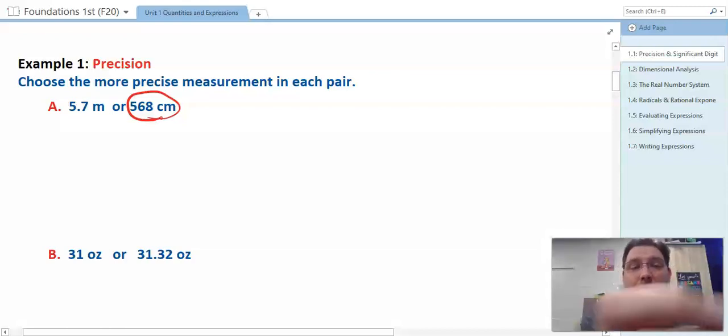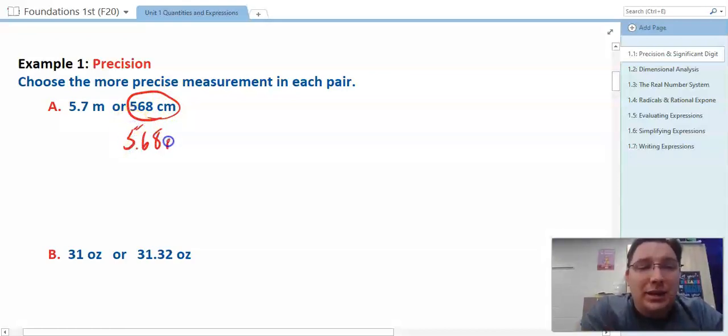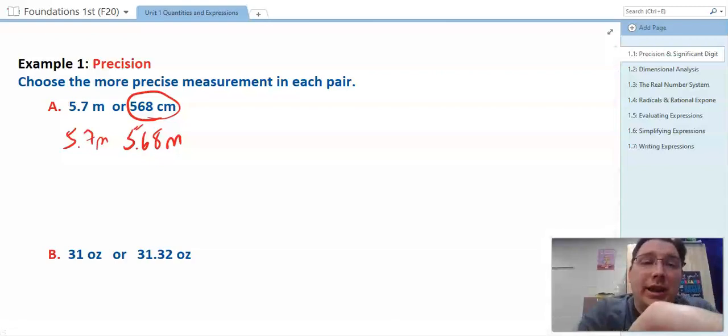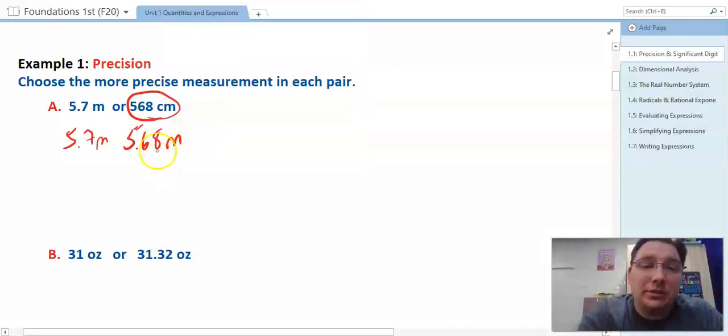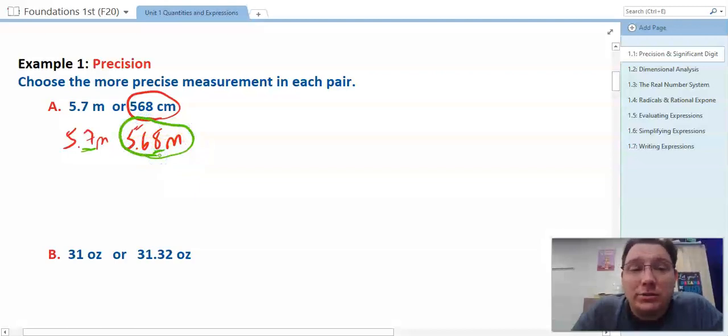So I could convert this 568 centimeters to 5.68 meters. And this is 5.7 meters. Which one's more precise? Well, if they have the same units, we're going to look at which one has more decimal places. This only goes to the tenths. This one goes to the hundredths. So the more precise is the one that goes to the hundredths.